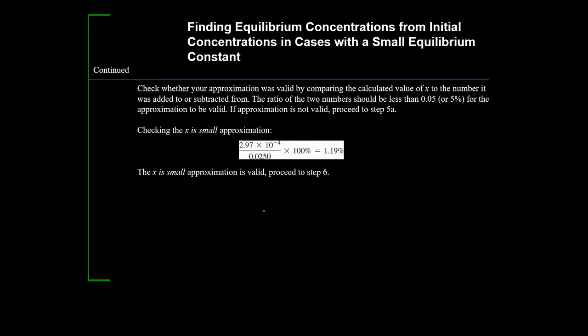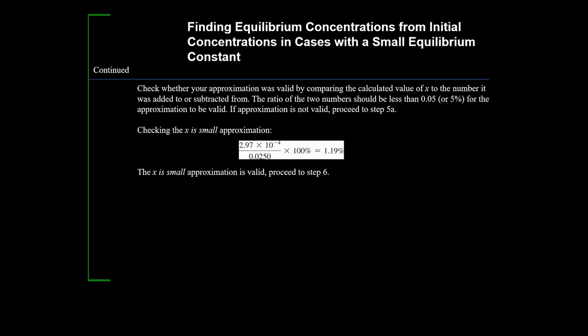Now, this is where we have to double check to make sure that our assumption is not going to be too wrong to use, essentially. It's definitely not going to give us the exact correct answer. Any assumption you make is going to mess with your answer a little bit.